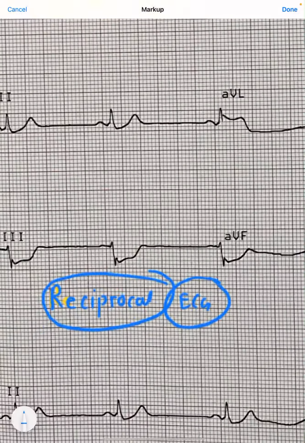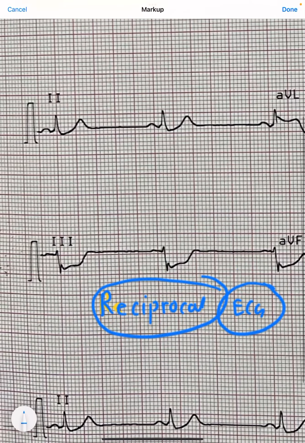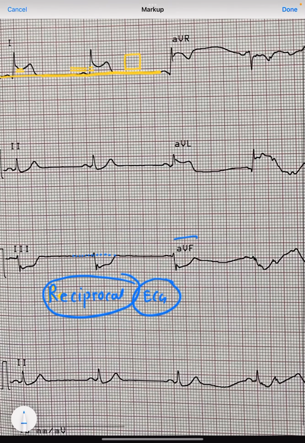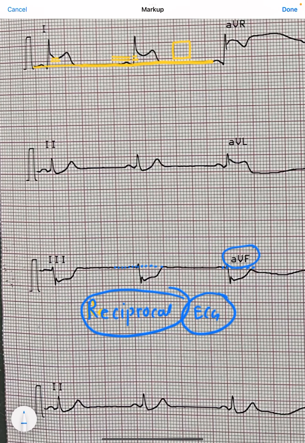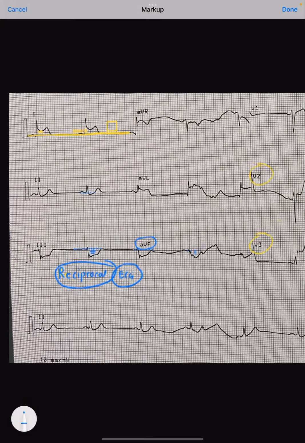In this case, we can see marked ST depression in lead 3 as well as in lead AVF. We can see very clearly that the ST has markedly reduced. Compare the ST depression in lead 2, which is not marked, but in lead 3 it is almost 3 to 4 millimeters.